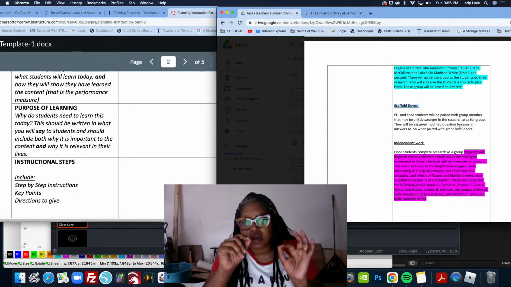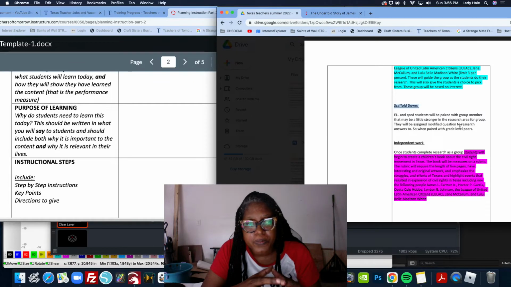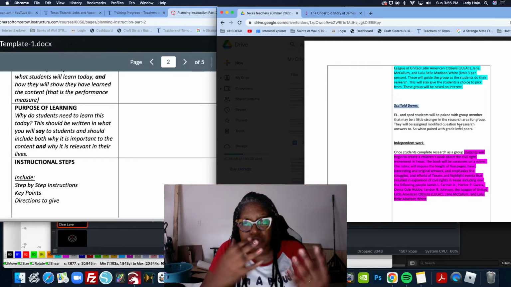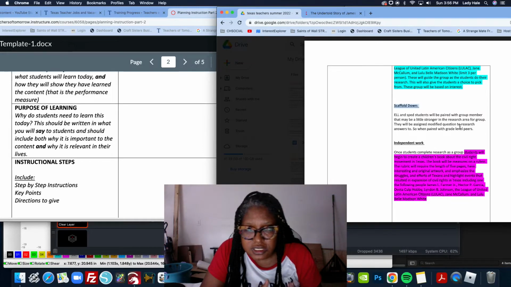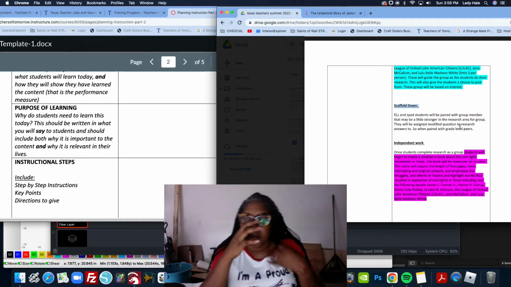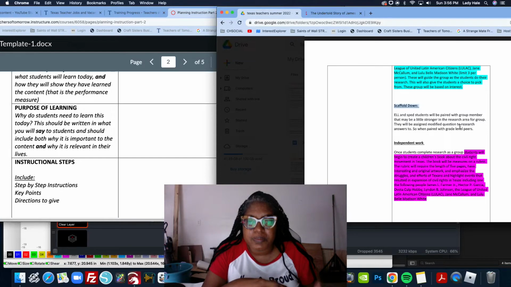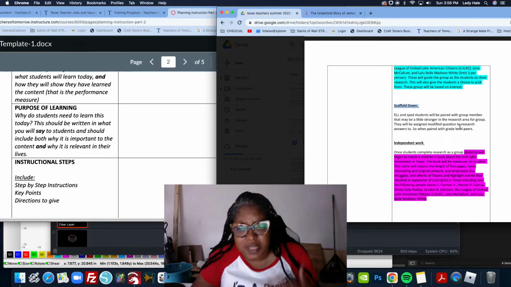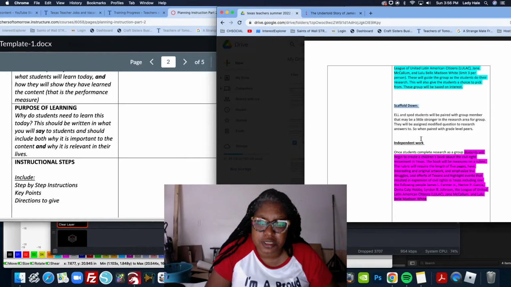The only time you're going to use homogeneous grouping is maybe when you're working on skill building and different things like that, and you're maybe rotating groups or something like that. But you want to make sure your groups are heterogeneous, right?